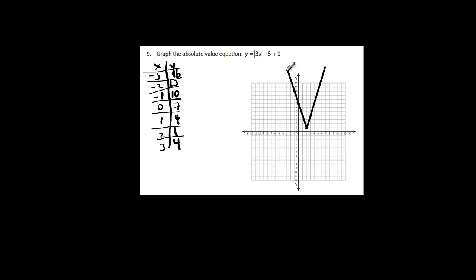And let's throw on a couple of these arrows. So that's what your graph is going to look like. Absolute values look like V's. Remember, parabolas are smooth. This is not a parabola. A parabola would be nice and smooth and would look more U-ish, if that is a word.